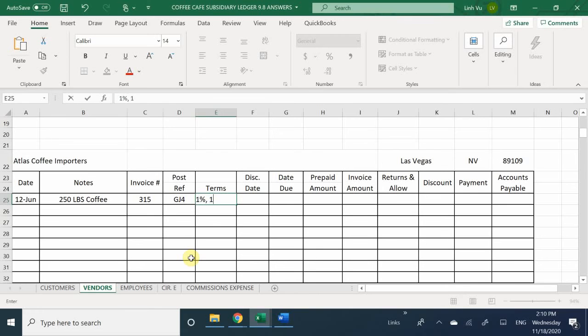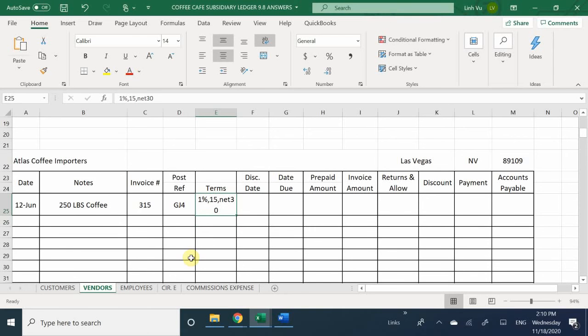If I pay within the 15 days, I will get the 1% discount. If not, I pay in full in 30. So what is going to be my discount date, the last date I can receive the discount for?